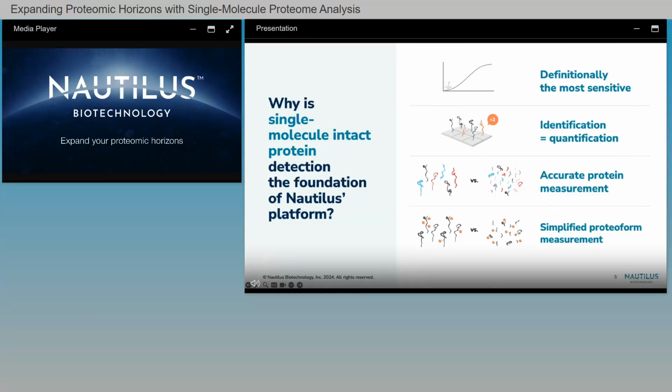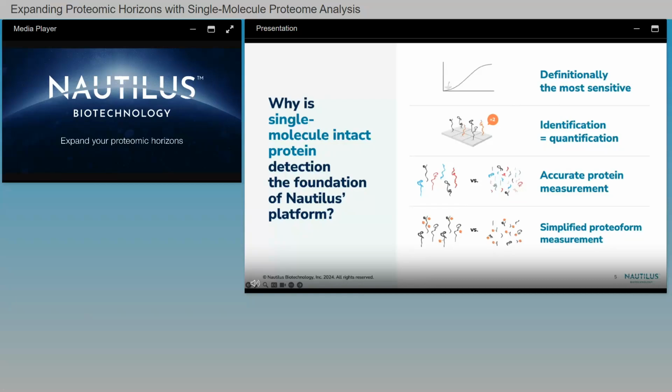One other special aspect that we wanted in the Nautilus platform was one that operated on undigested proteins. Unlike with peptide-centric methods, where in order to do quantitation one has to do peptide to protein inference and reassembly, which can make quantification challenging.